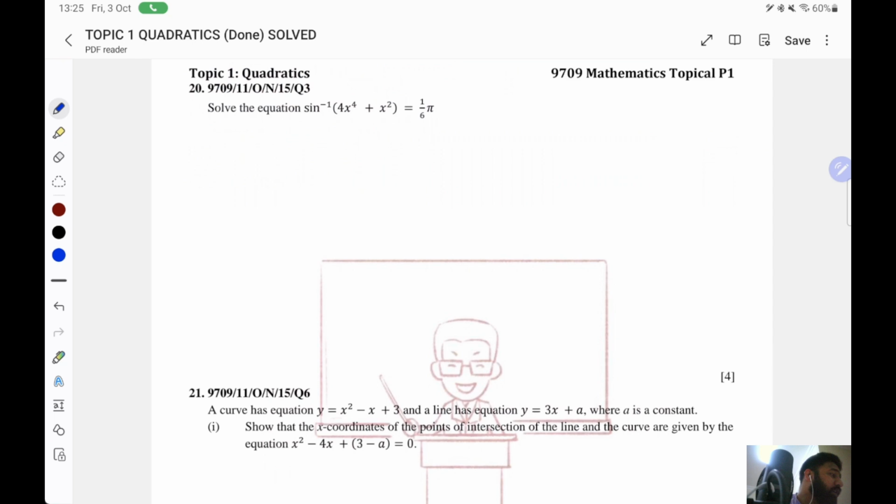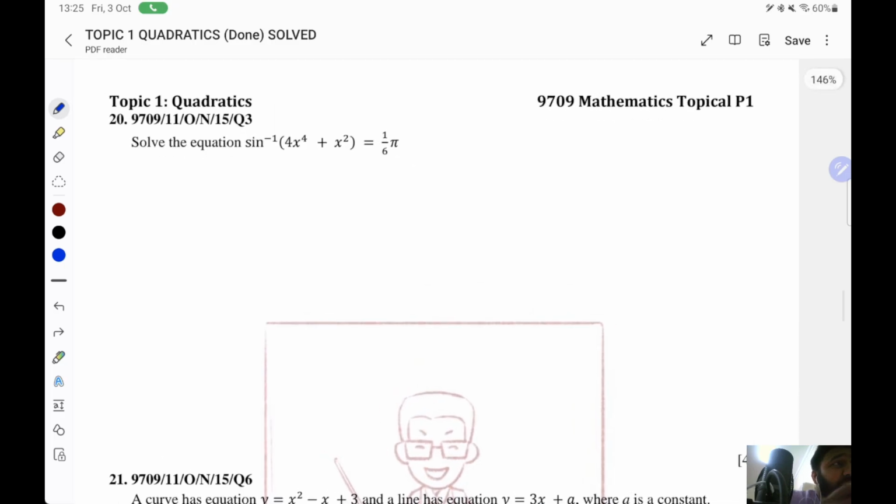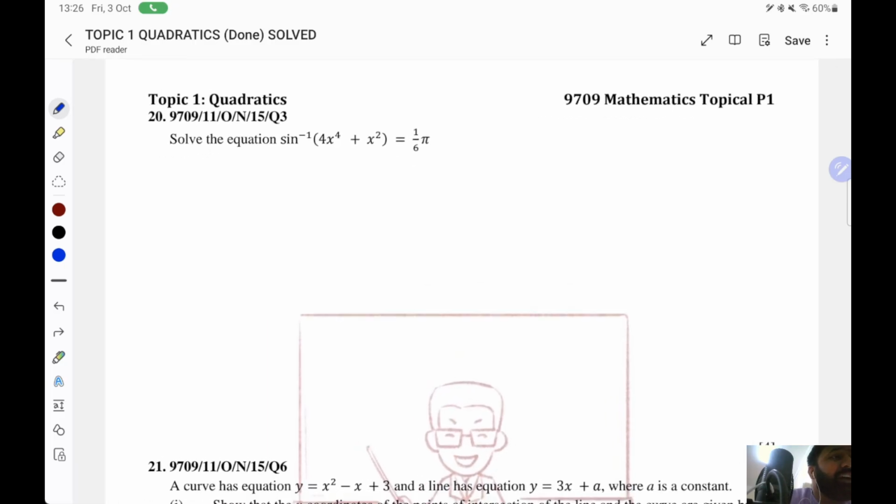All you need to do is look over here. It's sine inverse on this side. When you take it to the opposite side, what will happen to it? It will become simple sine. So you will be left with 4x power 4 plus x square, and it will be sine of pi by 6.